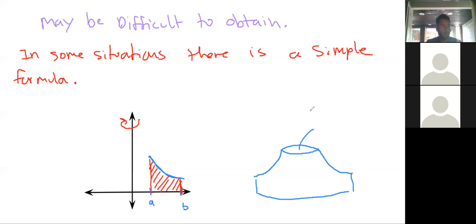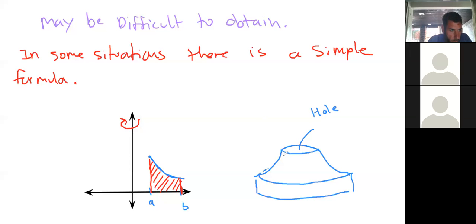So we have a hole here. And you might imagine that this thing has this background piece to it. And so the question is, what is the volume of this object?